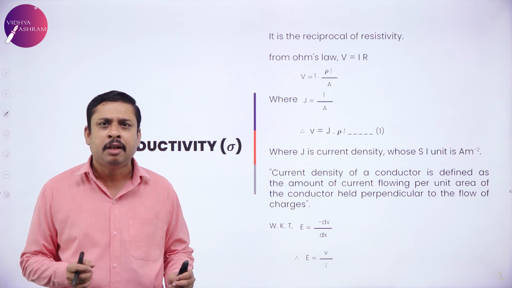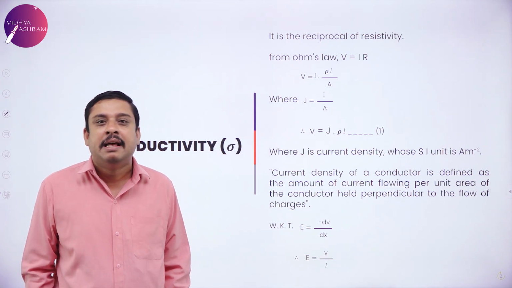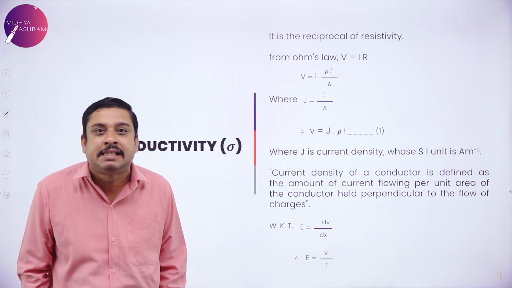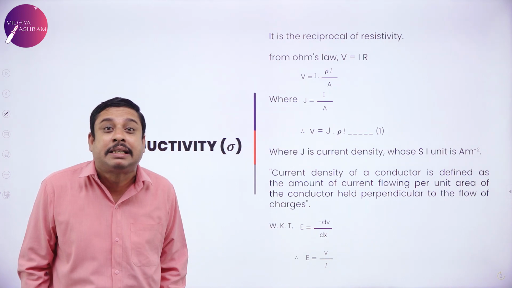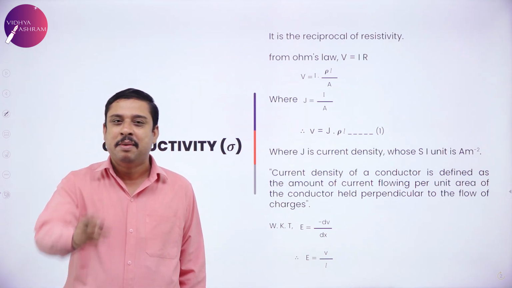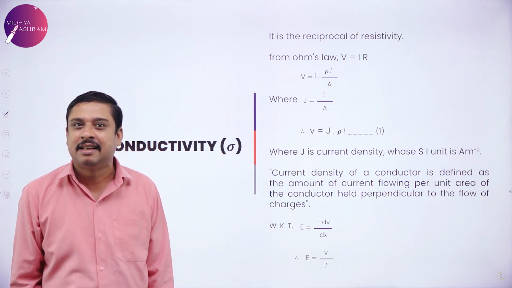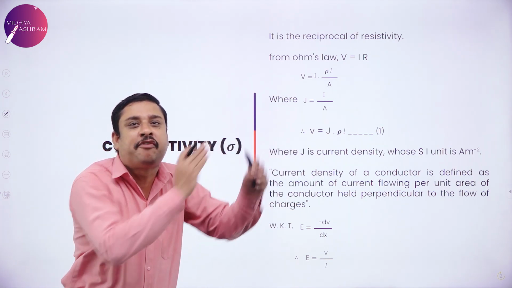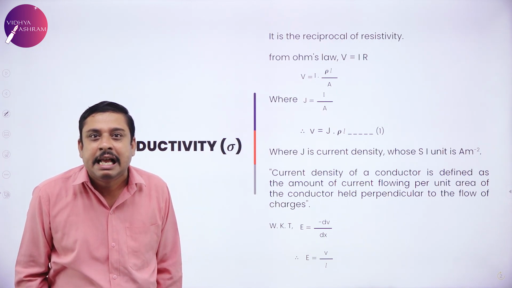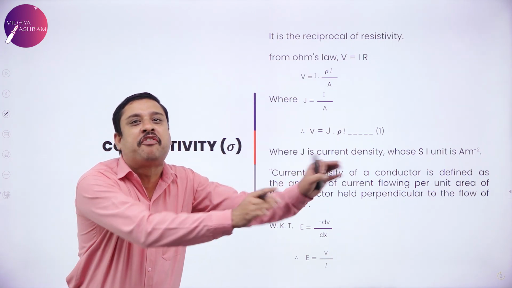Now, before going to conductivity, let us try to understand something called conductance. My dear friends, you studied resistance. Resistance, opposition to the flow of current. Conductance, allowing the flow of current.